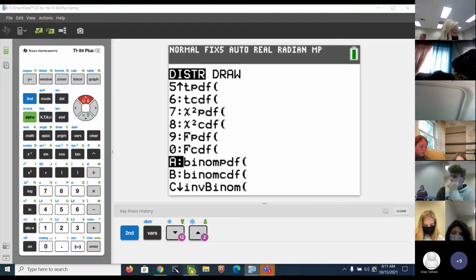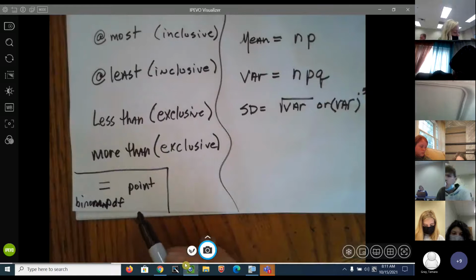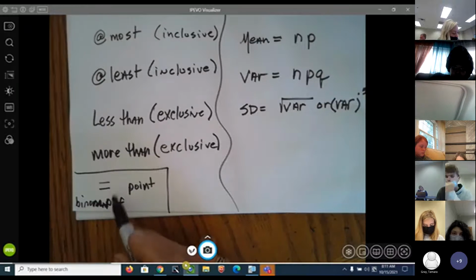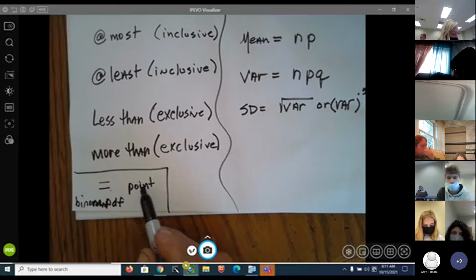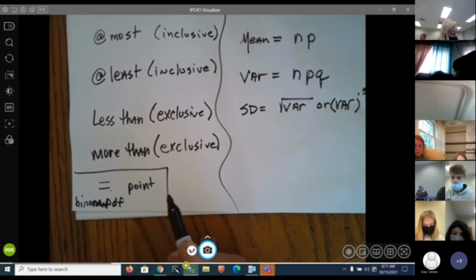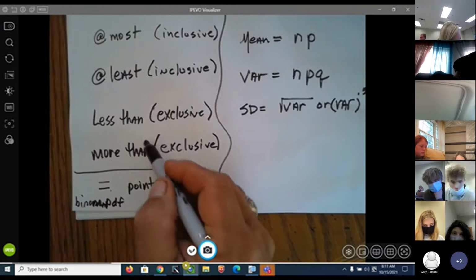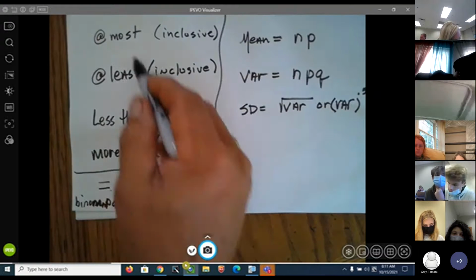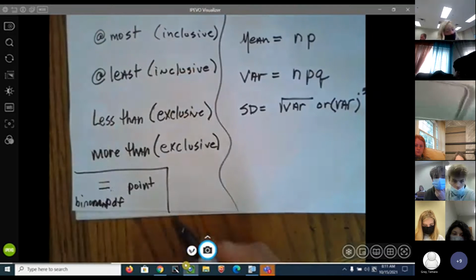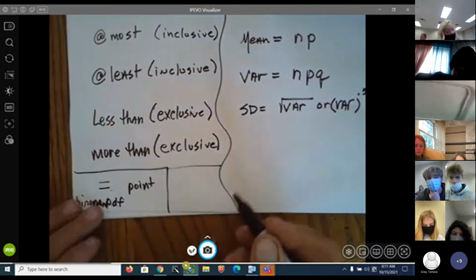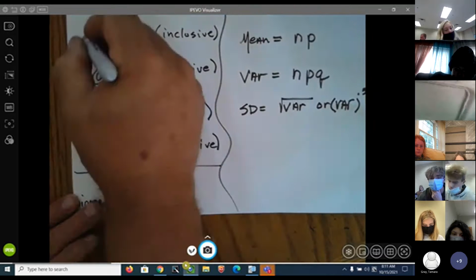So when it says, what is the probability of 5? Then you're going to use PDF because it's equal to that point, 5. These guys up here, you're not going to be using PDF, you're going to be using CDF for these guys.